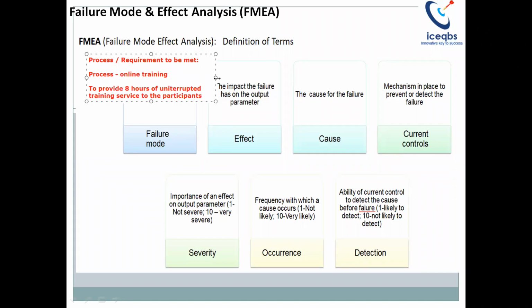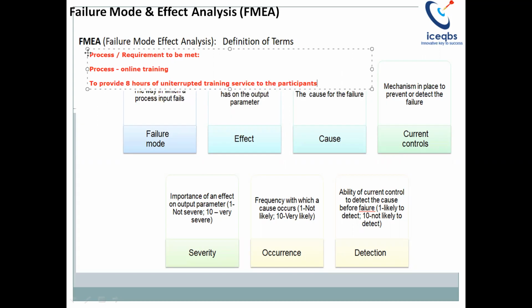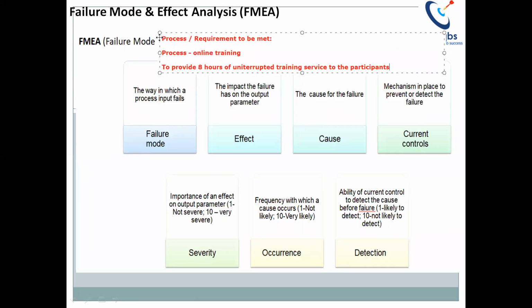So then I need to really analyze what are the ways in which I can fail, right? My objective is to provide 8 hours of uninterrupted training services to the participants. So if this is my requirement, then what are the failures that may prevent me from meeting this requirement? Can you come out with some of the failures that can potentially happen, because of which I will not be able to provide these 8 hours of uninterrupted training service to the participants?